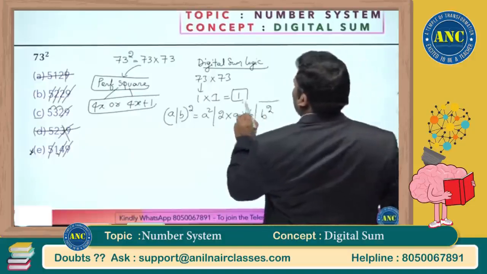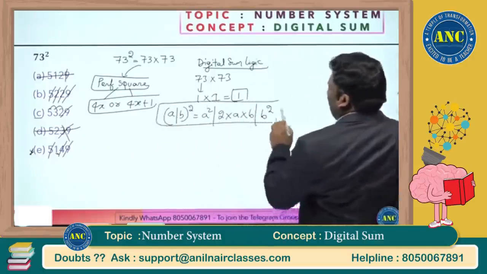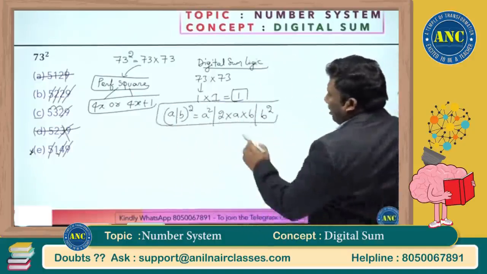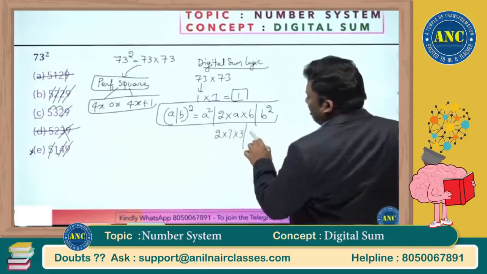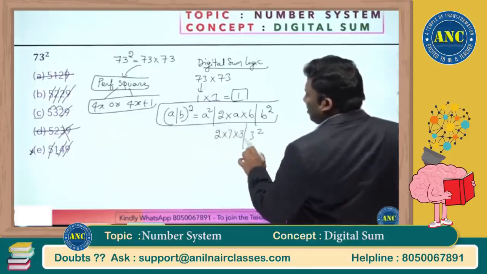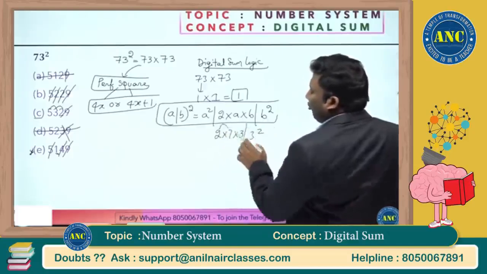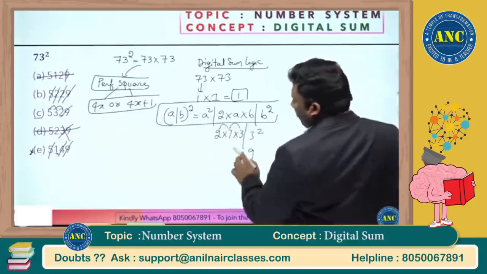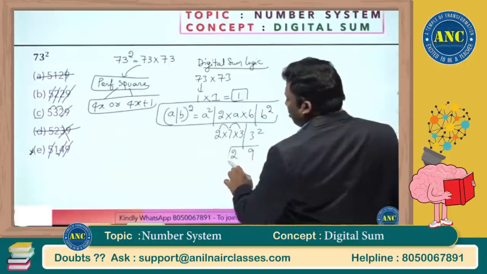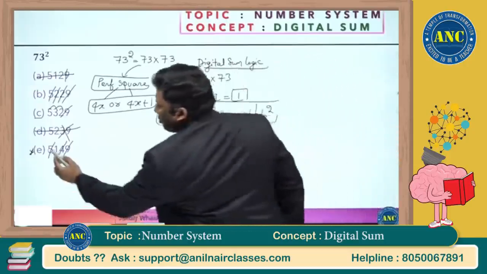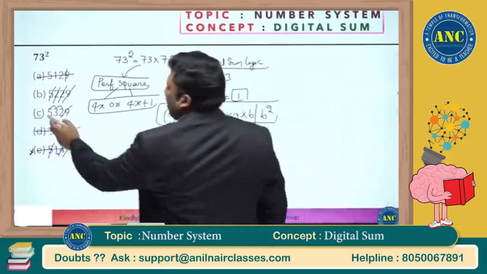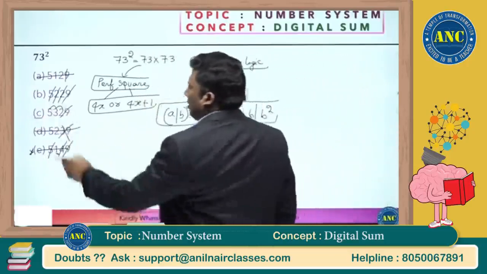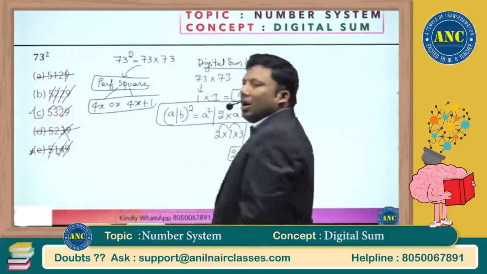I want the tens place, so 2 into 7 into 3, plus 3 square. 3 square is 9. 2 sevens are 14, 4 threes are 12. The tens place should be 2. Tens place is 4 in the other option, so it is eliminated. So the answer for this question is option C.